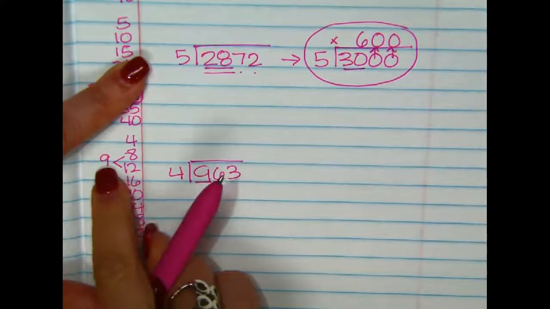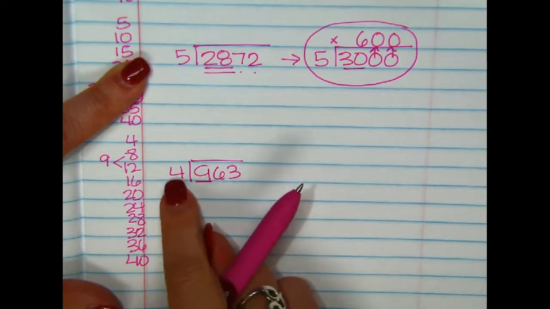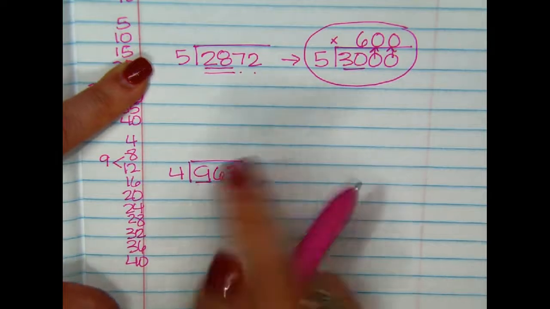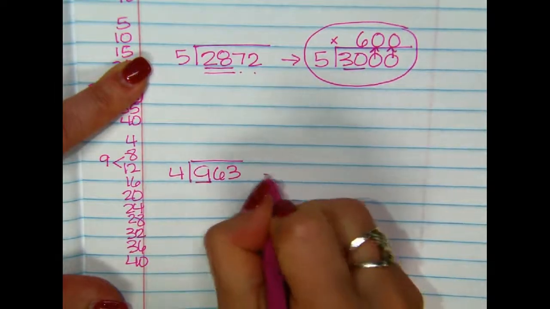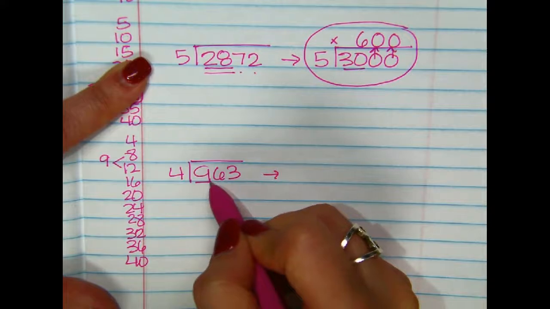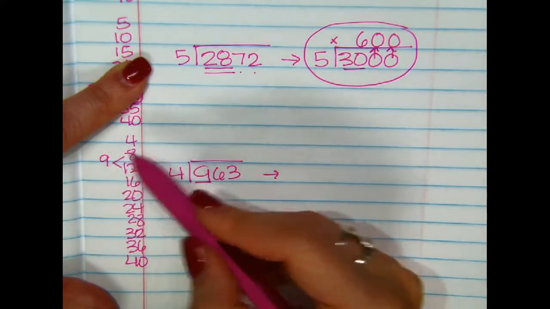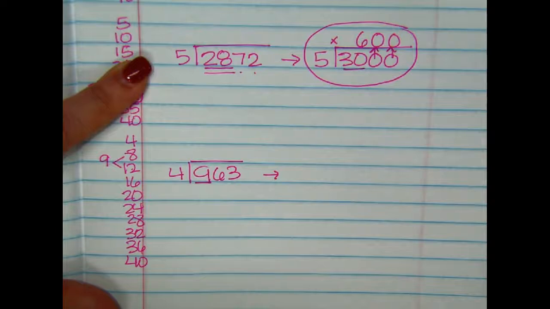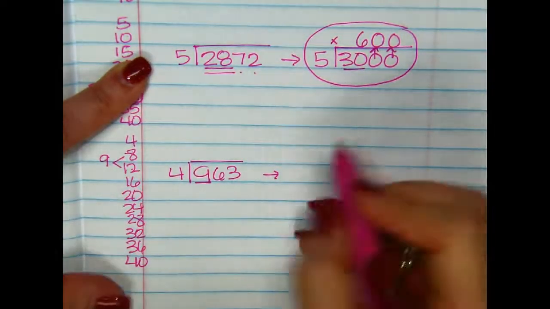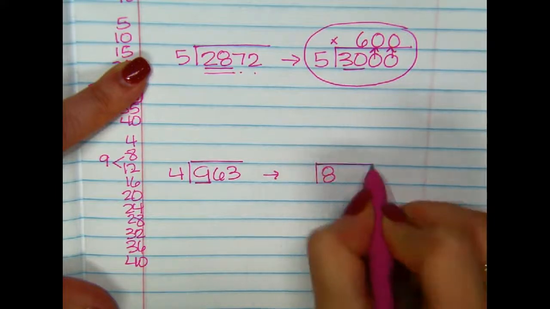So we know that 8 is larger than 4, 9 is larger than 4, so we can look at that first digit this time and say, okay, let's change that into an 8. It's not closer to 12. 12 is the only other nearby multiple, since 9 is between 8 and 12, but it's only one counting number away from 8, so let's round down in this case to 8.